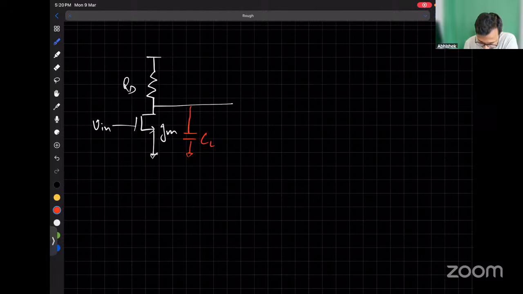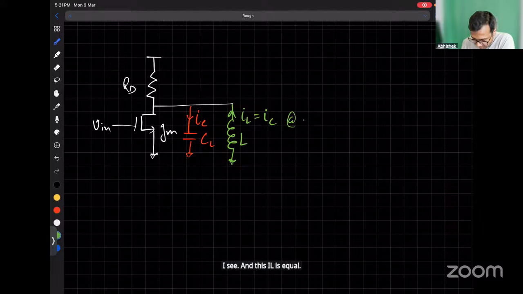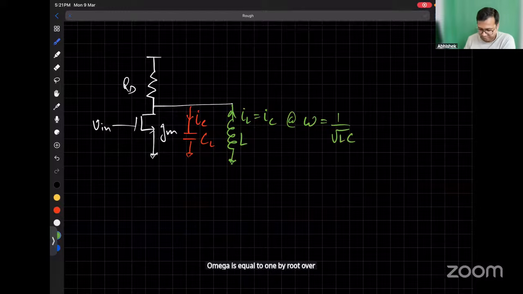So this is CL. What you can do is you can add an inductor L such that this IC and this IL is equal and omega is equal to 1 by root over LC.